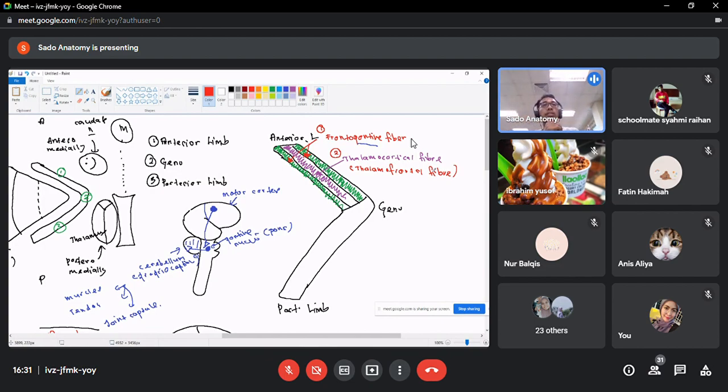Okay class, so far any questions? This is what you call the anterior limb of internal capsule. Yes class, anything?